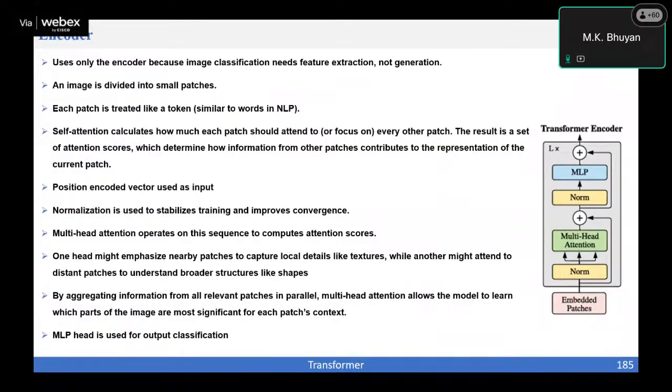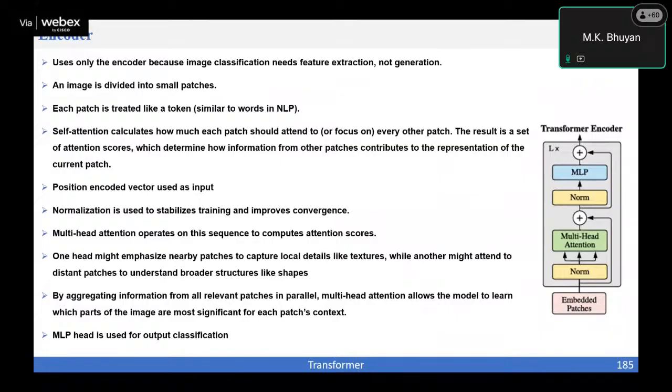So the concept is the image is divided into patches, and after this we have tokens like in NLP. We also have to determine self attention, and after this we have to consider the position encoding, and then the multi-head attention.